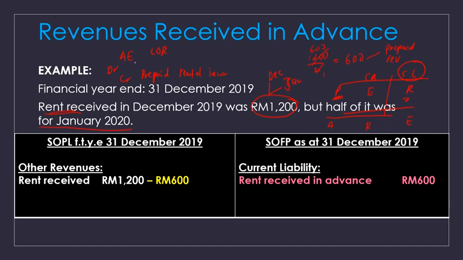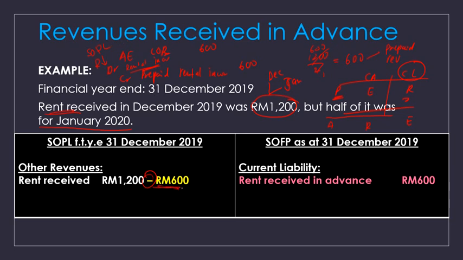So you akan debit rental income sebanyak 600 and 600. So bila you debit rental income is your revenue, maksudnya bila you debit, menunjukkan revenue you berkurang. So dalam SOPL you kena tolak sebanyak 600.